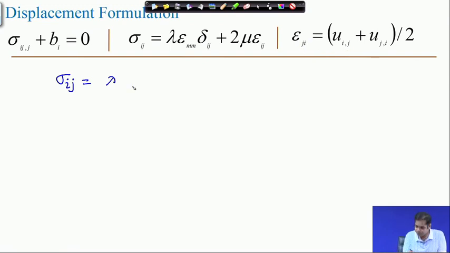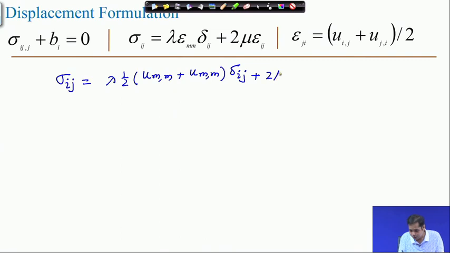This gives you half of u m,m plus another u m,m, where u m,m means del u m by del x m. Then we have lambda, then delta ij, and plus 2 mu into half, epsilon ij is u i,j plus u j,i.